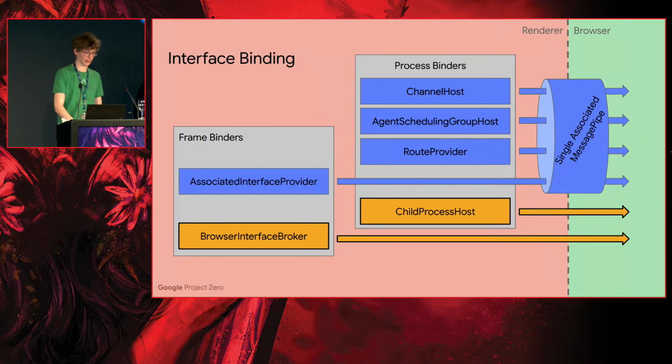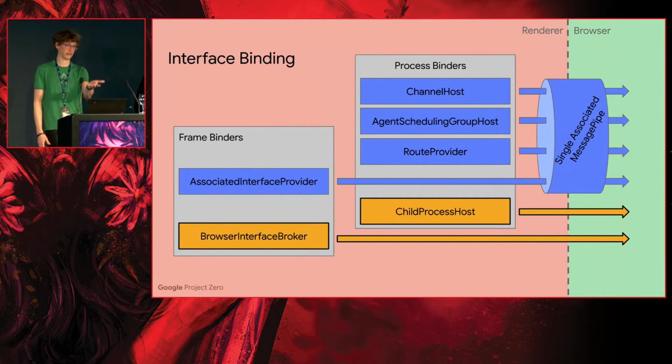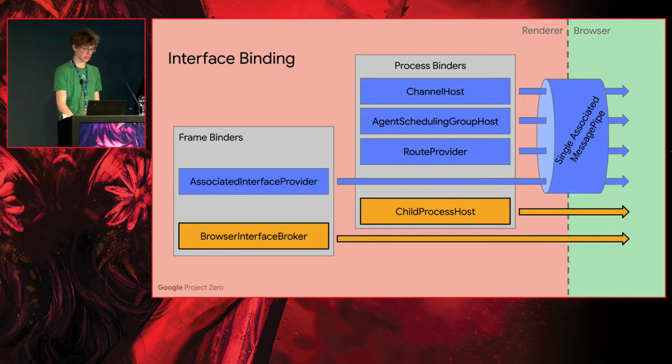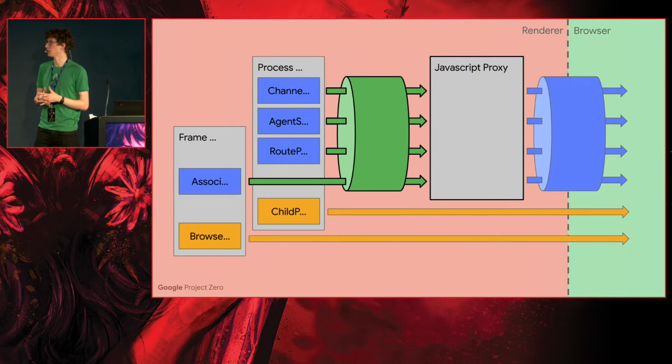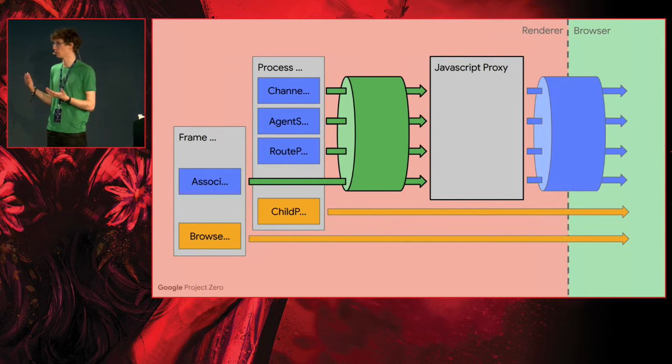So we need to find a way around this first, because the bug I was looking to exploit is in a frame-associated interface, which is up there in that top blue section. We can't share a message pipe between JavaScript and C++, but we can man in the middle a message pipe between JavaScript and C++ and just proxy all of those messages through JavaScript.